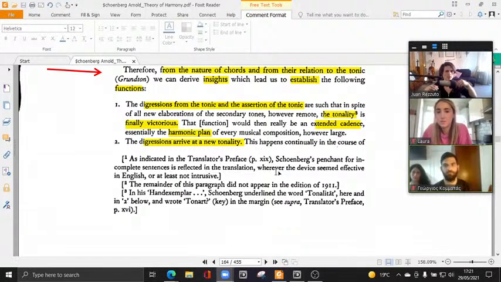You didn't even have a secondary dominant or anything. You just went to the subregions, the secondary tones, and then you go back. So we call it an extended cadence, as he called it, because at the end of the day, you're just reinforcing this first tonic key.